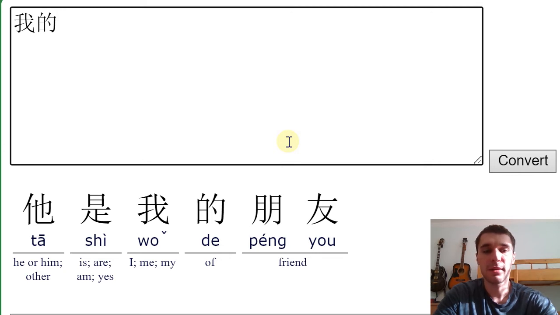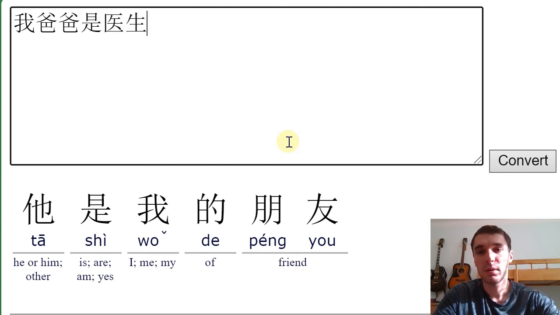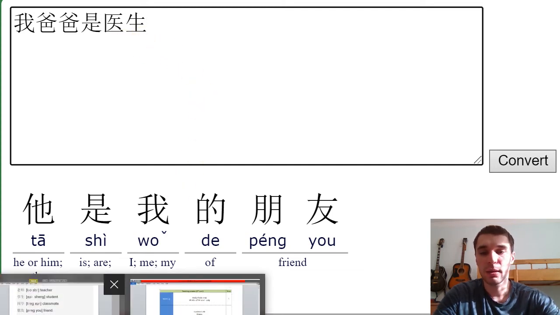But for father, because father is our family member, we don't need to add 的. I just can say 我爸爸. Is, 是. Doctor, how do I say doctor? 医生. So 我爸爸是医生, my father is a doctor. That's how it works.